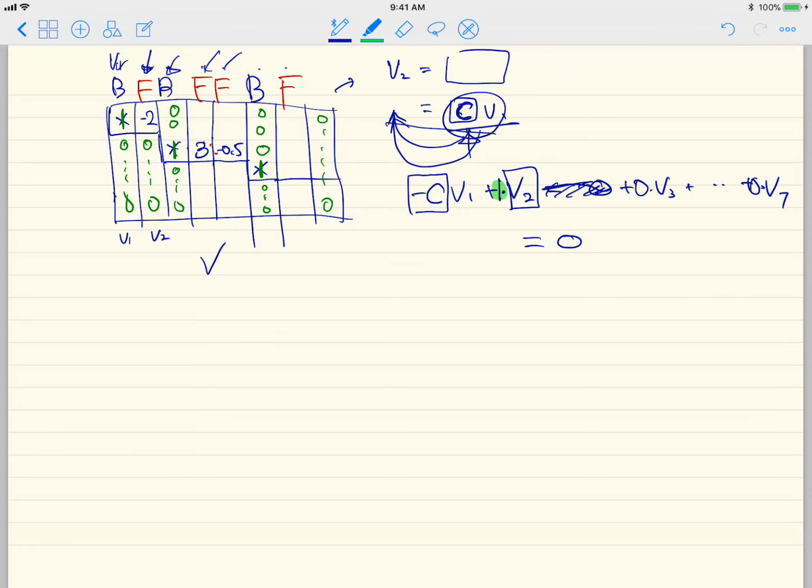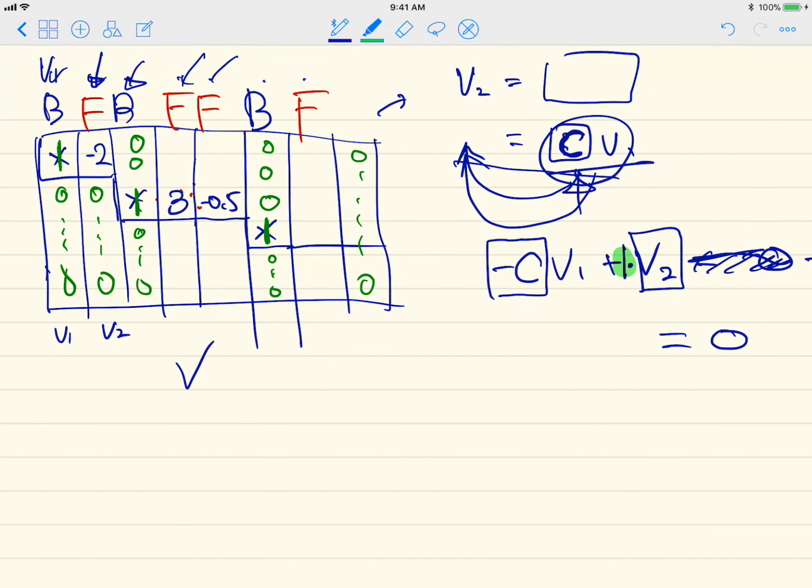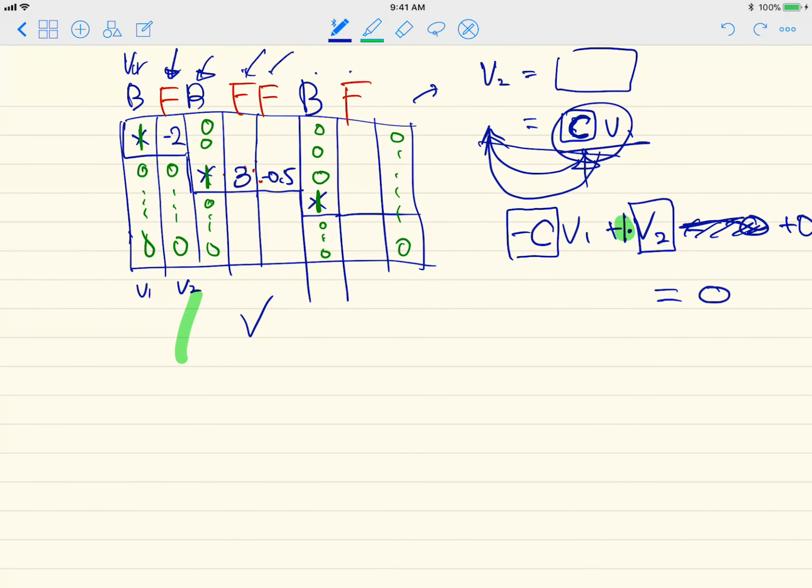Okay, so in this case, given this reduced echelon form, let's think about the vector equation form by multiplying by their linear combination coefficients. What is the linear combination coefficient here?